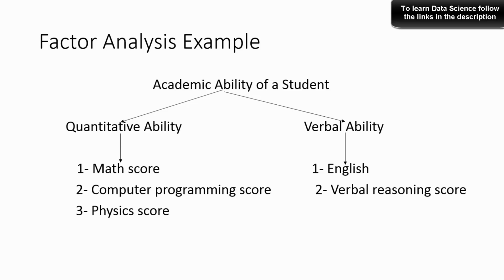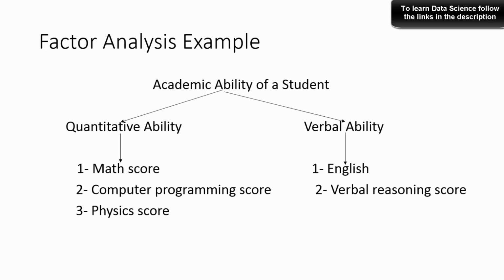That's how we measure verbal ability. Now, say for example, we have been given these five variables, and we can be very sure that some of these variables are correlated: mathematics score, programming score, physics, English score, verbal reasoning score.